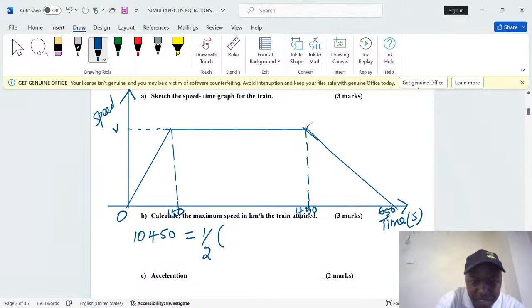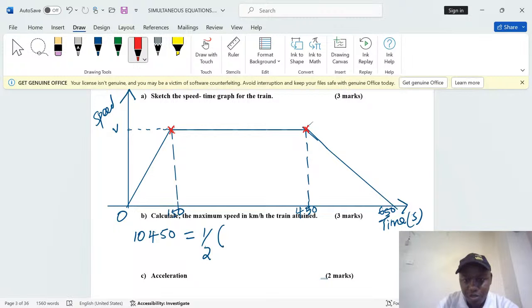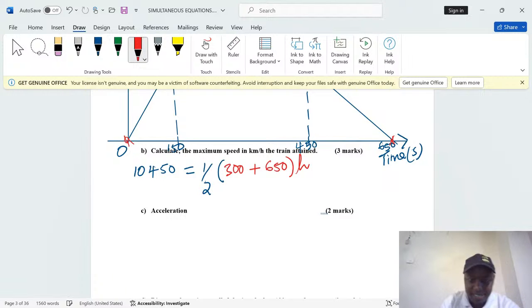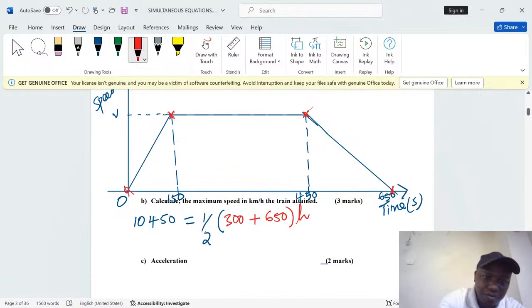From 150 to 450, there is 300. Then we add from 0 all the way to 650. Then we multiply by the height between the two, that is the vertical height between the two parallel lines.